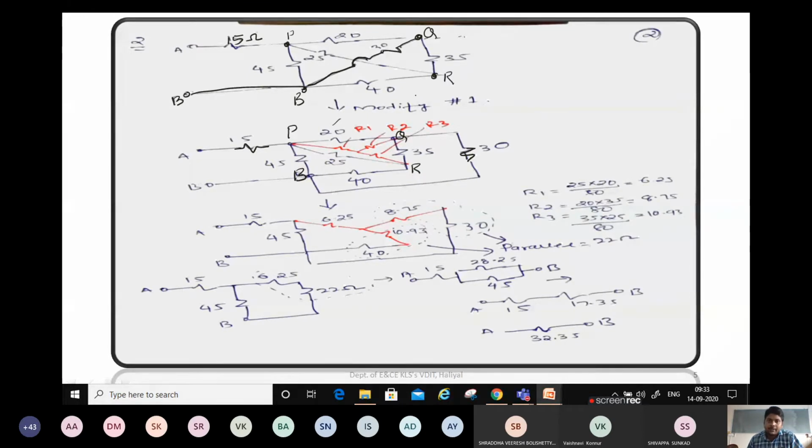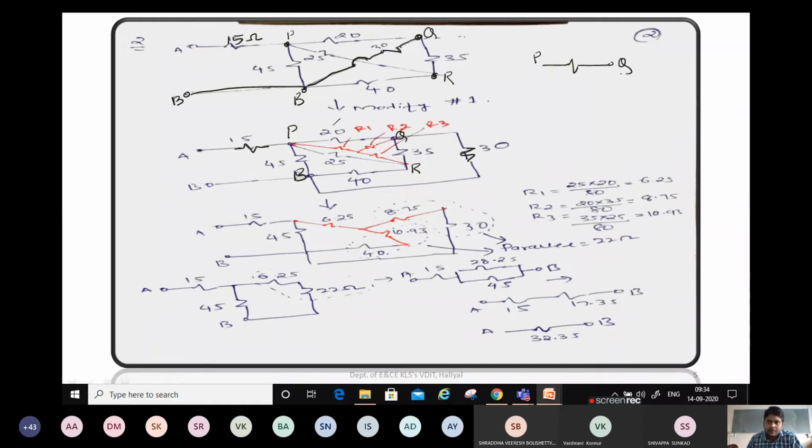We should not apply delta to star or star to delta everywhere. If I apply it here, I can see that I will get an image like this, so that it will be convenient to calculate. So I am converting only this part.